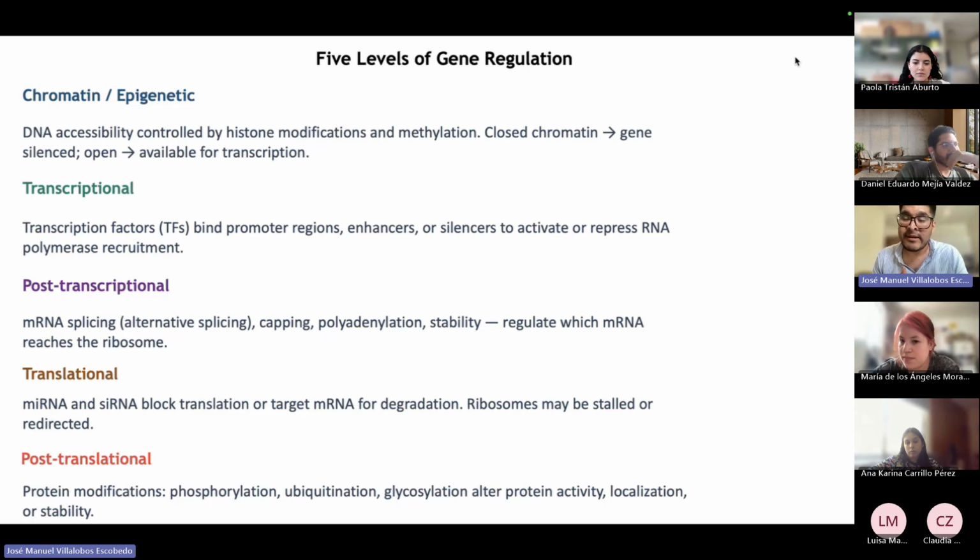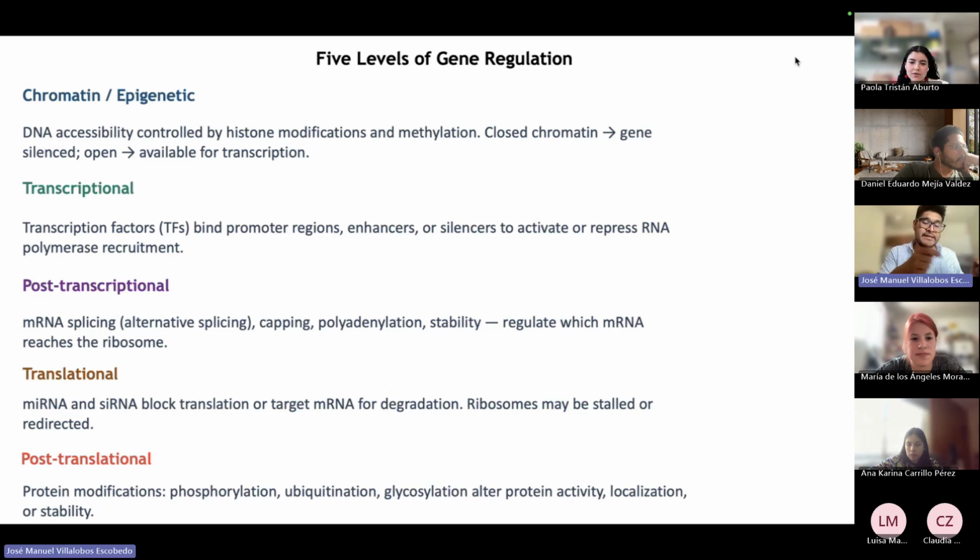Does anybody have an idea about what epigenetic mechanisms there are? What mechanism do you remember? Chromatin regulation. Any idea? DNA methylation. Exactly, DNA methylation. And what is the phenotype or the change that you can see?